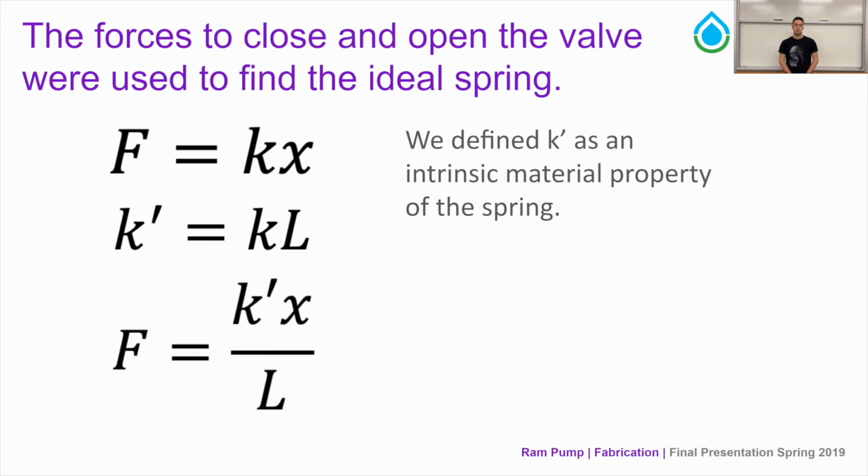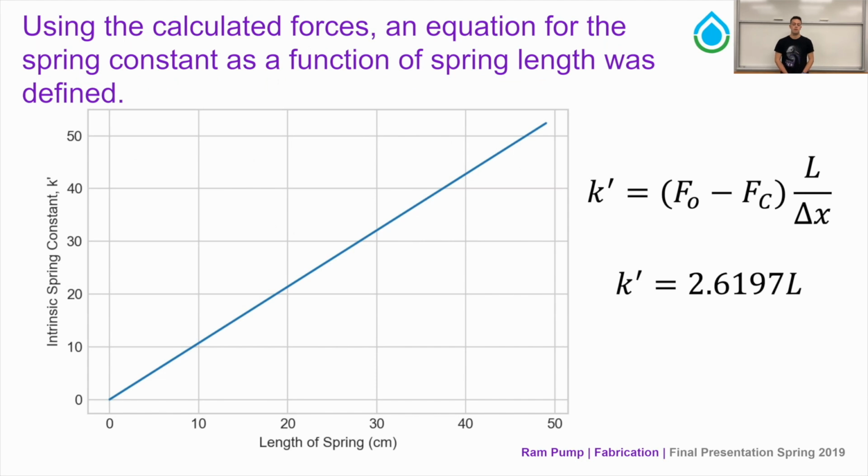K prime allows us to define a length of the spring that satisfies the K constant value that we want to achieve. So what we obtain is this graph, K prime versus the length of the spring, and the slope of this line is equal to the force required to open minus the force required to close, divided by delta x. That delta x is the compression length difference between the two states, when the valve is closed and when the valve is open.